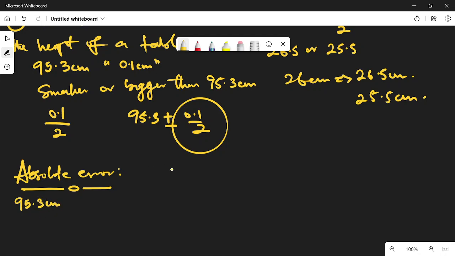This thing could have been 95.25, or it can be 95.35. If they round this one to the nearest one decimal place, you have 95.3, which is the actual value, isn't it?